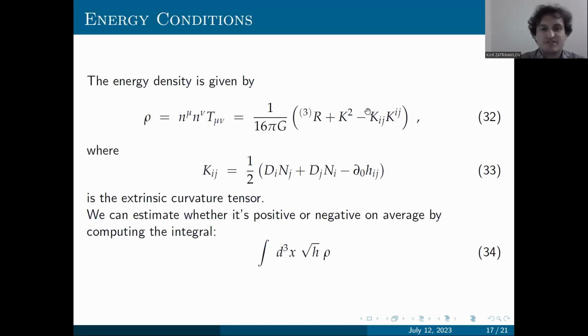The energy density is given by this: the sum of the intrinsic Ricci scalar curvature plus the square of the trace of the extrinsic curvature tensor minus the square of the extrinsic curvature tensor itself. One can do a rough estimate of the energy density by computing an integral of it over the whole space-time.